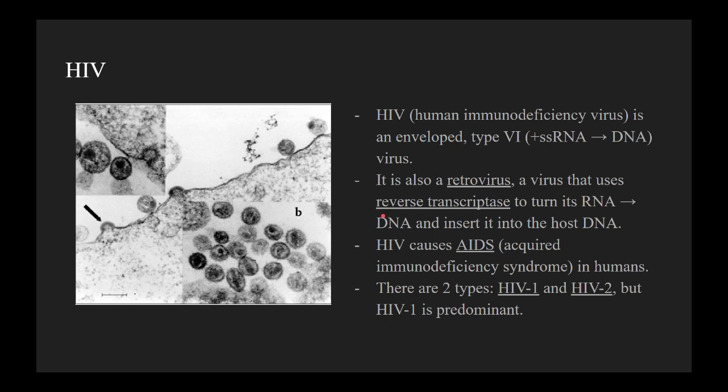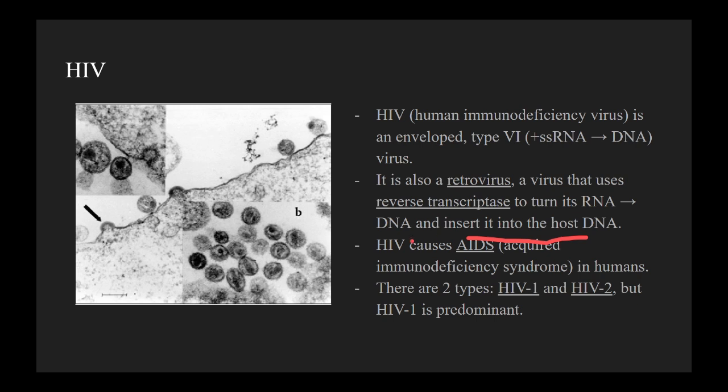The enzyme that catalyzes that process is called reverse transcriptase. Normal transcription is from DNA to RNA, reverse transcription is from RNA to DNA, and of course it inserts into the host DNA, as I mentioned.